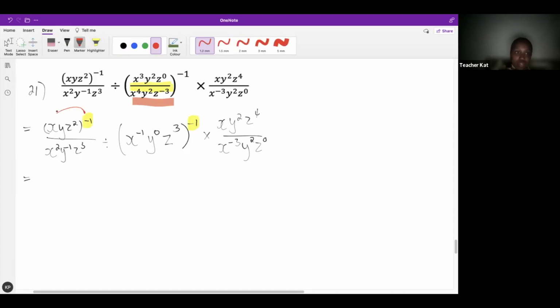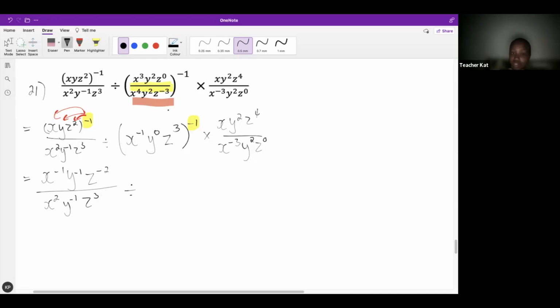If I am distributing this negative 1 inside, it's going to be x to the power of negative 1, y to the power of negative 1, and z to the power of negative 2. At the bottom it's just the same: x squared, y to the power of negative 1, z cubed.